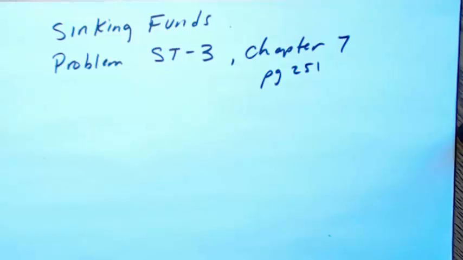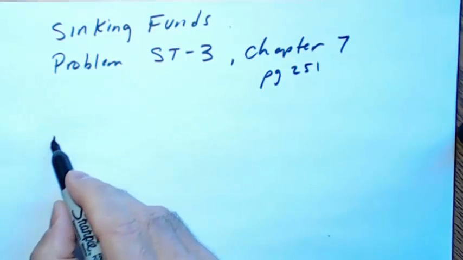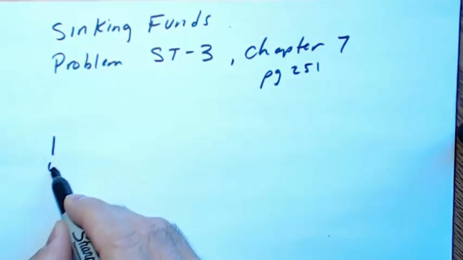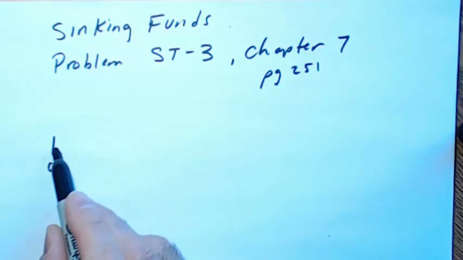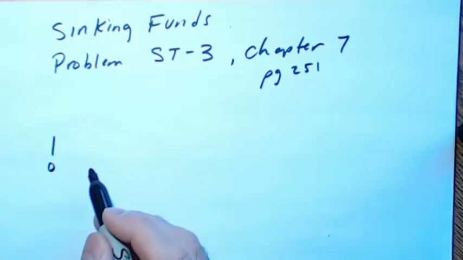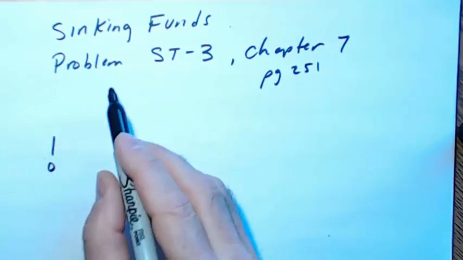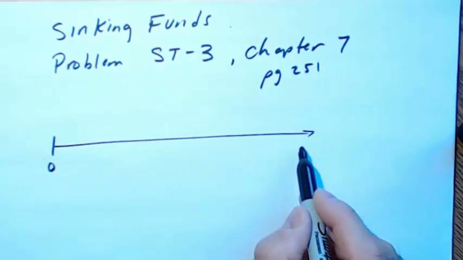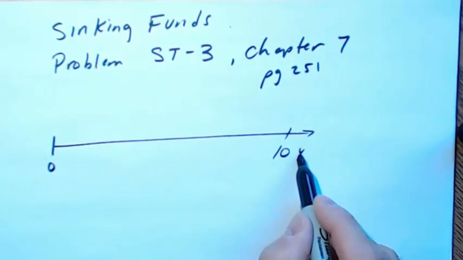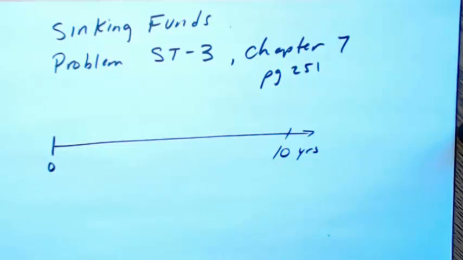Here's basically the way I would think about it. You start off at time 0, and let's say a company borrows $100 million for 10 years. Now, 10 years is a long time.